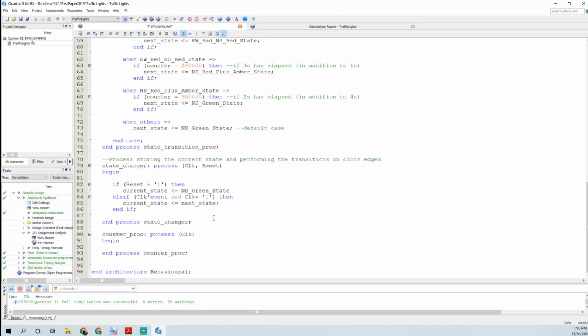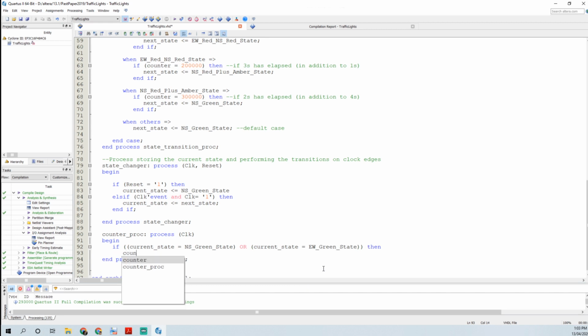In other words, I'm going to have a condition here that says if the current state is equal to north-south green, or when the current state, sorry, not this, is equal to east-west green, that is when I want to reset the counter, right?